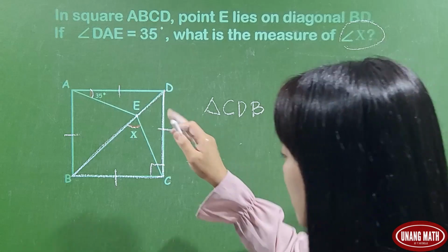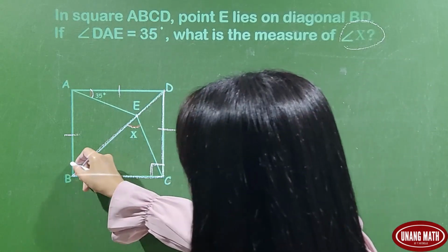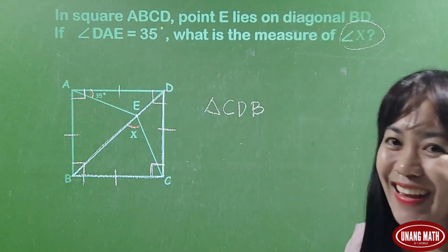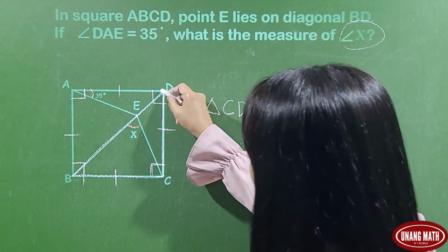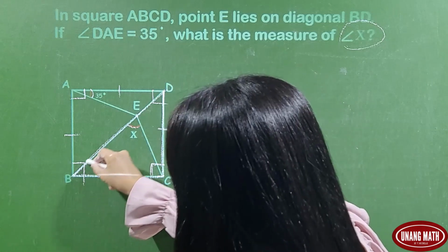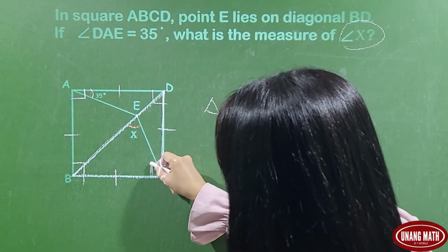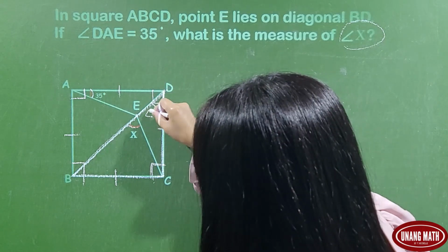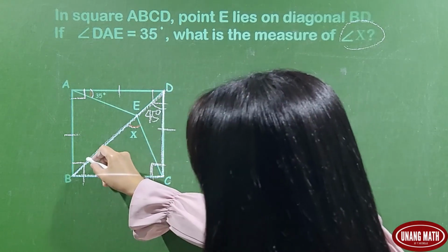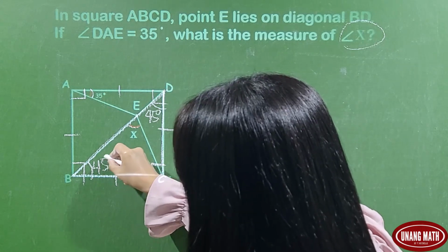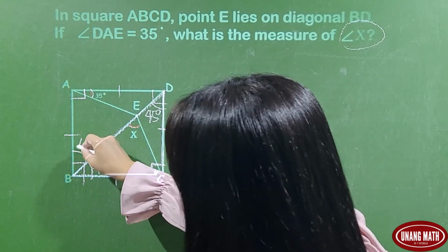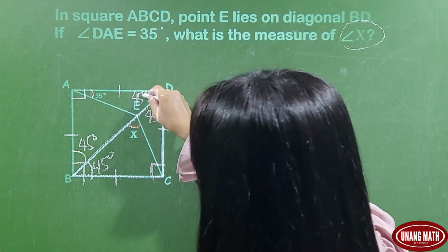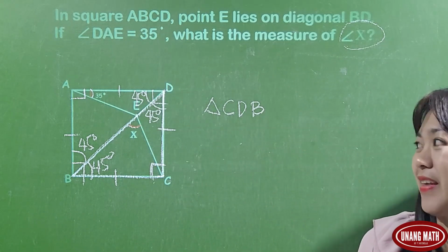Because take note, this is a square, so this is 90 degrees, 90 degrees, 90 degrees, 90 degrees. If this is an isosceles right triangle, and this is 90 degrees, then this angle is 45 degrees. This is 45 degrees, so this is also 45 degrees. This is also 45 degrees.